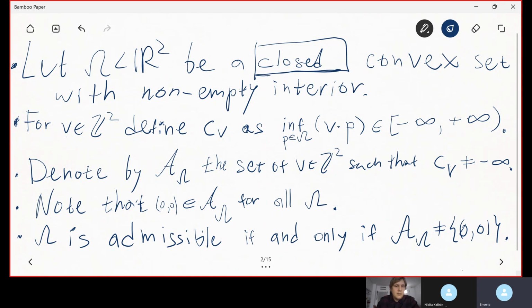Recall the definition of admissible very briefly. Admissible is something that doesn't contain a line with irrational slope. This was one definition. Having a line with irrational slope immediately violates this infimum.